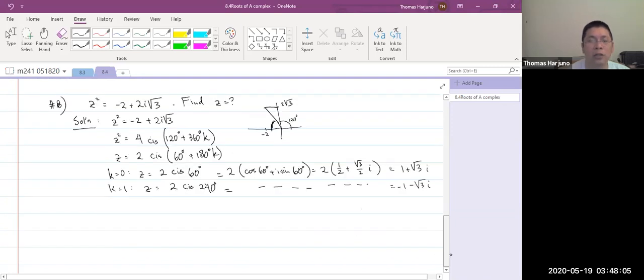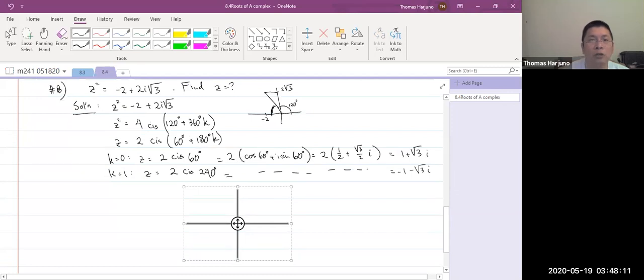Now, the reason I can do it fast enough for the last one is because of the following. Notice that 2 cis 60 degrees here, this is 60 degrees, this is 2.